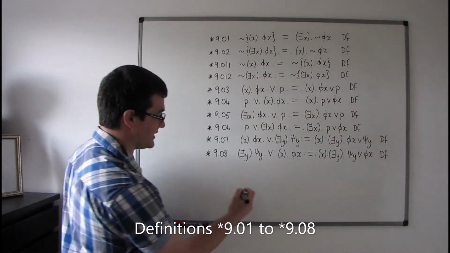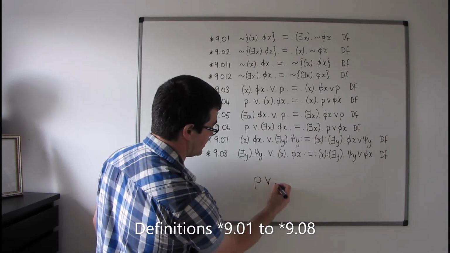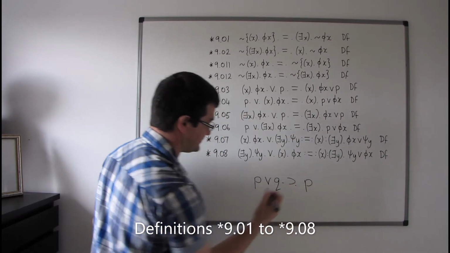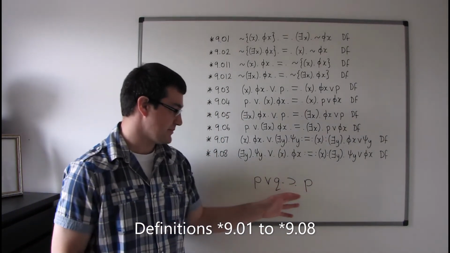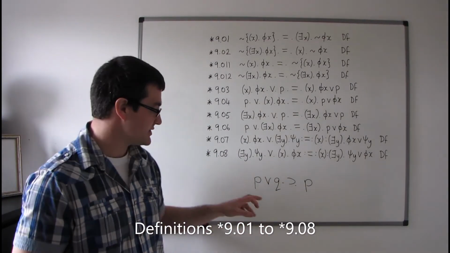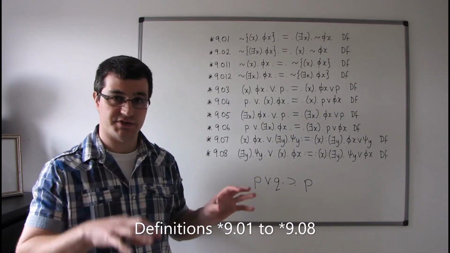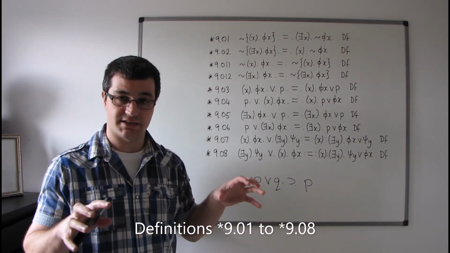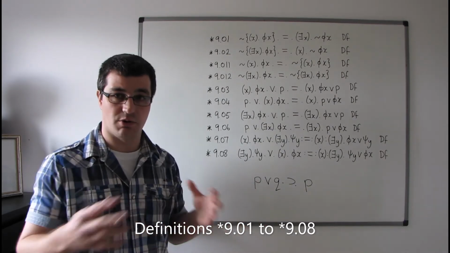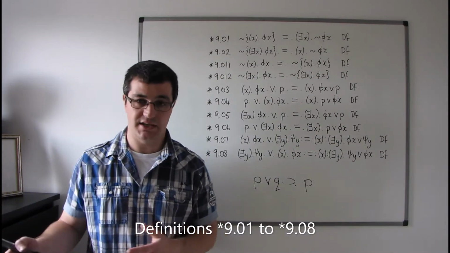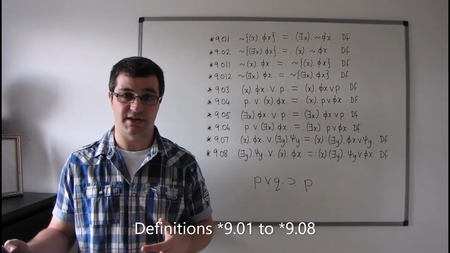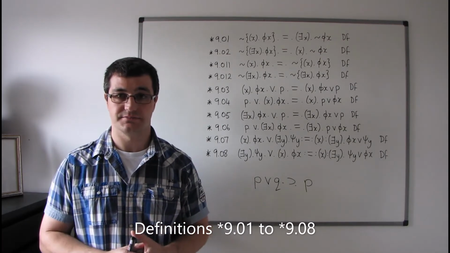So if we take something like P or Q implies P, which is one of the propositions that we prove for elementary propositions, what we're going to effectively show is that we can replace the P and the Q with first order propositions, and formally we will get a proposition that works in exactly the same way. We don't know that at this stage. That's what we've got to show by the end of section 9. And if we can show this, then effectively the problem of systematic ambiguity disappears for us.